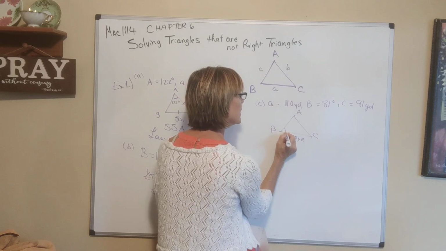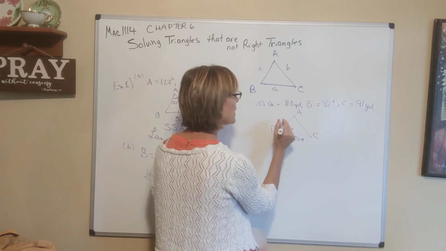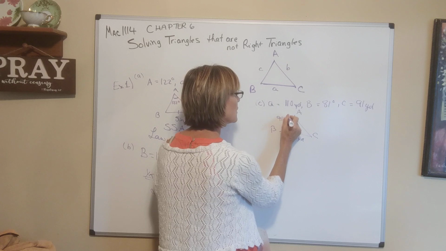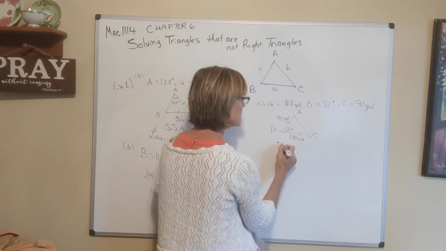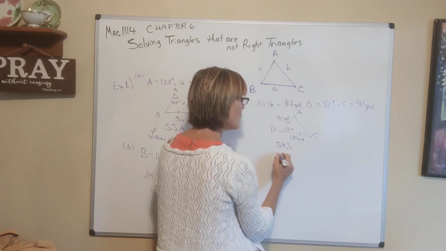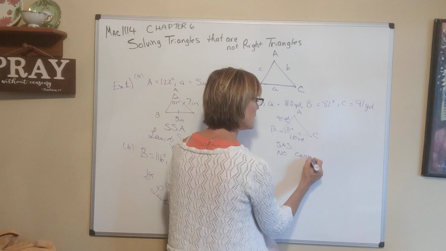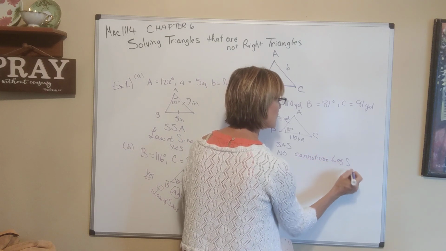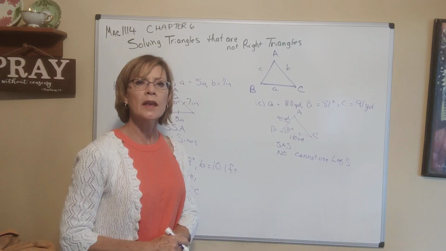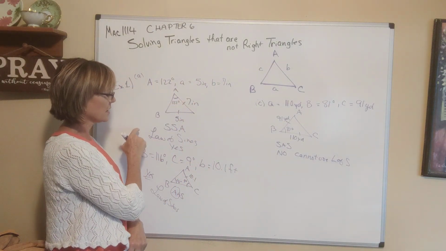Angle B is right here, 81 degrees. And little c is over here, 91 yards. Here they give me this side, this angle, and this side. Side, angle, side. No, I cannot use law of sines here because only one angle's given and it is not the ambiguous case.